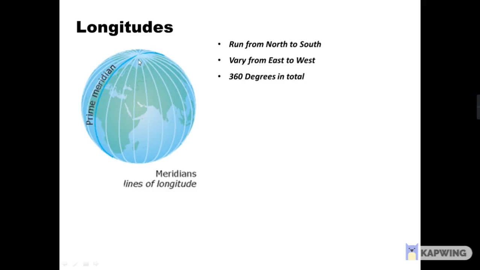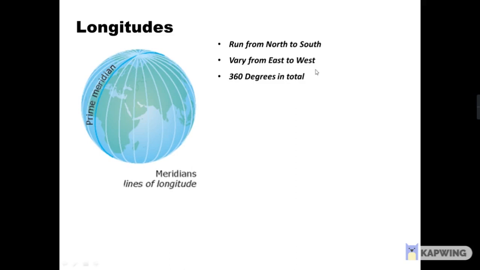So each longitudinal line will have two arms. So totally you will have 180 degrees on the front side of the globe, and the remaining 180 degrees on the back side of the globe. So in total you will have a total of 360 degrees. So that is the difference you have to note between the latitude and the longitude.